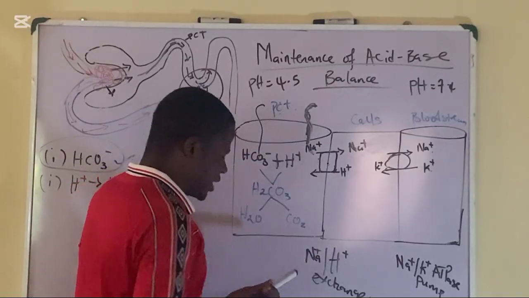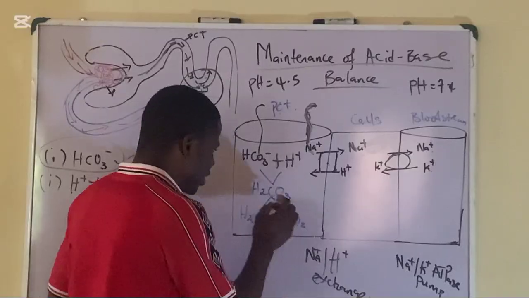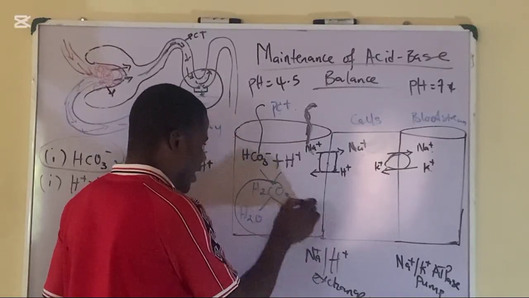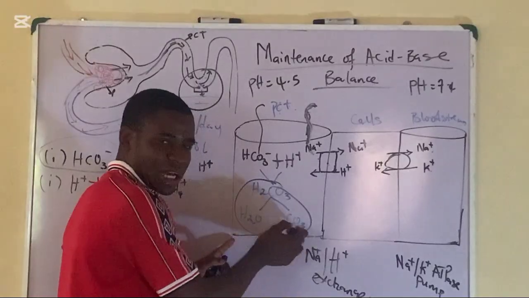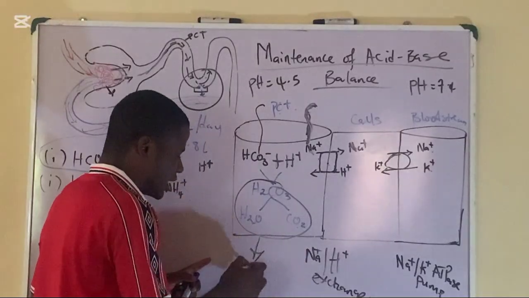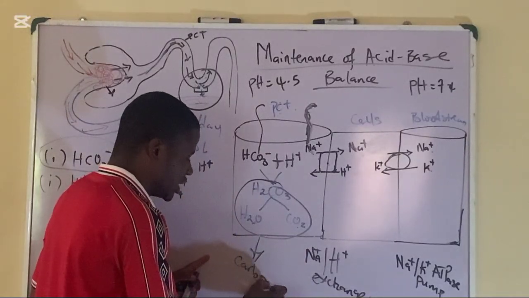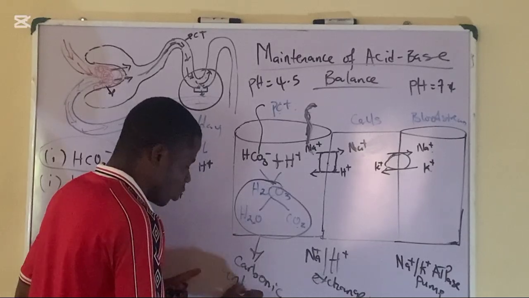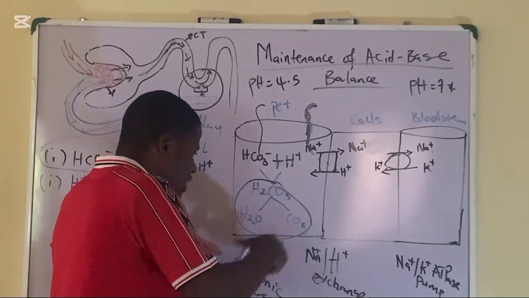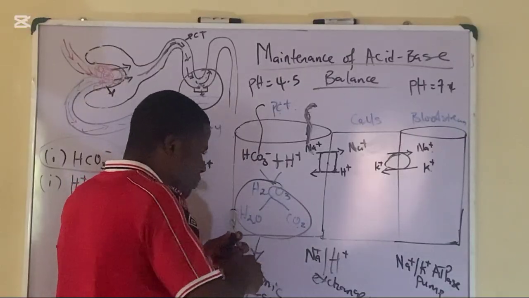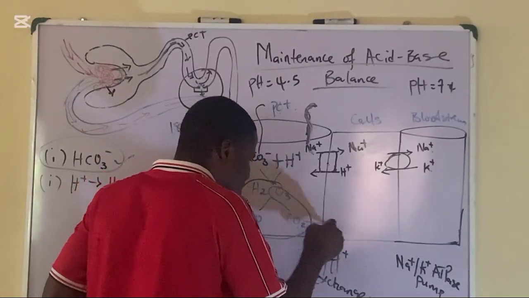The breakdown of carbonic acid to water and carbon dioxide is catalyzed by an enzyme we call carbonic anhydrase. And anytime this is formed, this carbon dioxide, being lipid soluble, can now enter the cell.